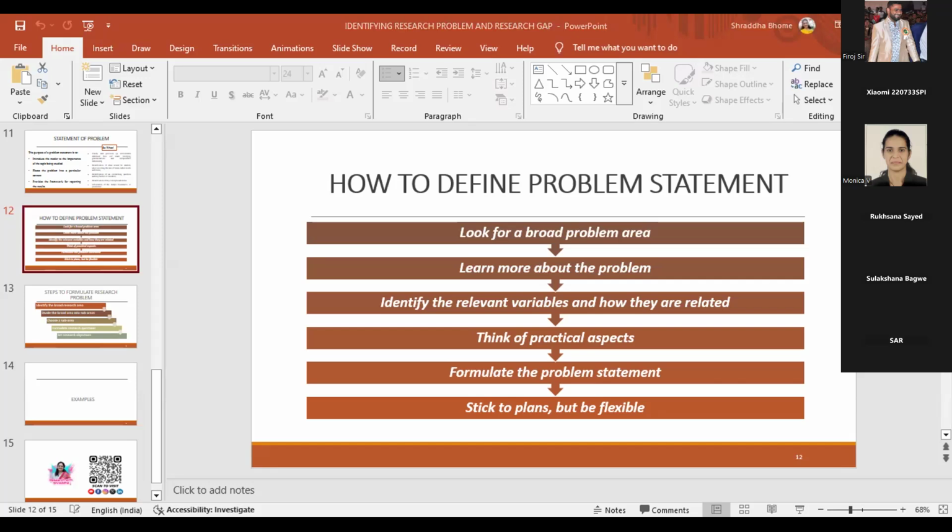You need to identify the unexplored aspects or areas of concern or controversy in your topic of interest. You need to evaluate the significance of addressing the problem in terms of potential contribution to the field, practical applications, and theoretical insights too.